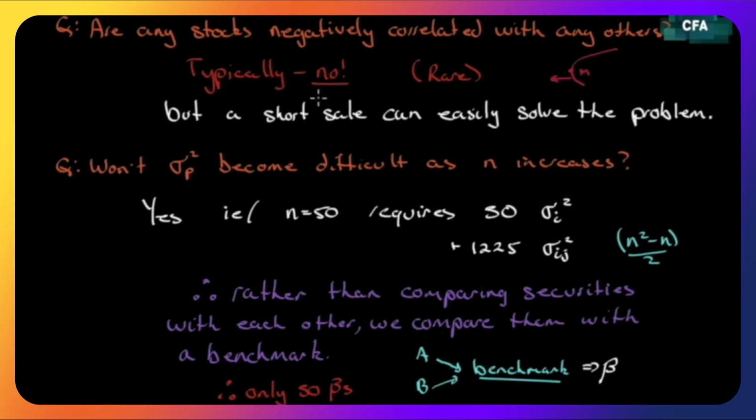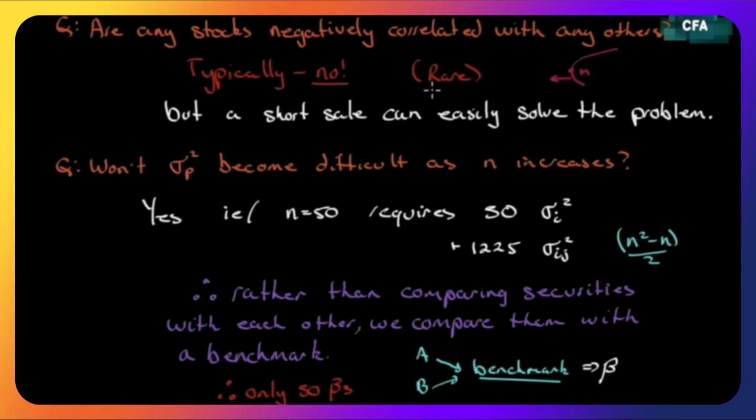Typically, no, because they all have a common factor, which is the market risk associated with them. So they're all correlated by the degree of systematic risk that they all possess. Now, we're jumping ahead a bit, but that's okay. We're setting the stage for the next reading. This actually leads us nicely into a discussion of systematic versus non-systematic risk.